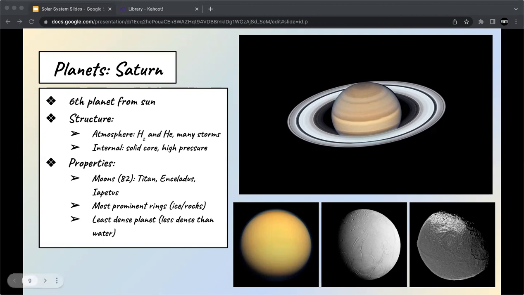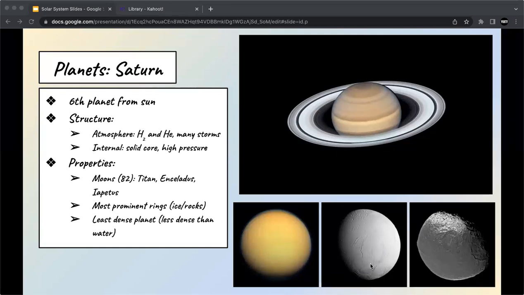I'm not too sure about my pronunciation. And yeah, on the left, we have Titan. This is the second largest moon, and it's the only moon with an atmosphere. So that's why it's a bit fuzzier, I guess.